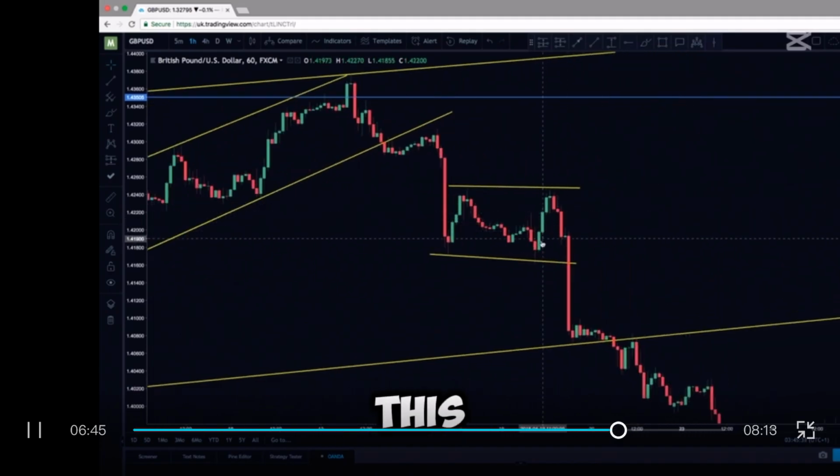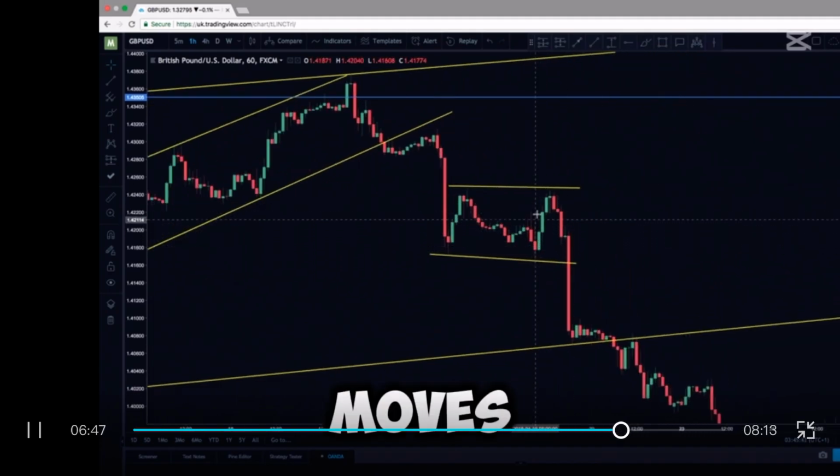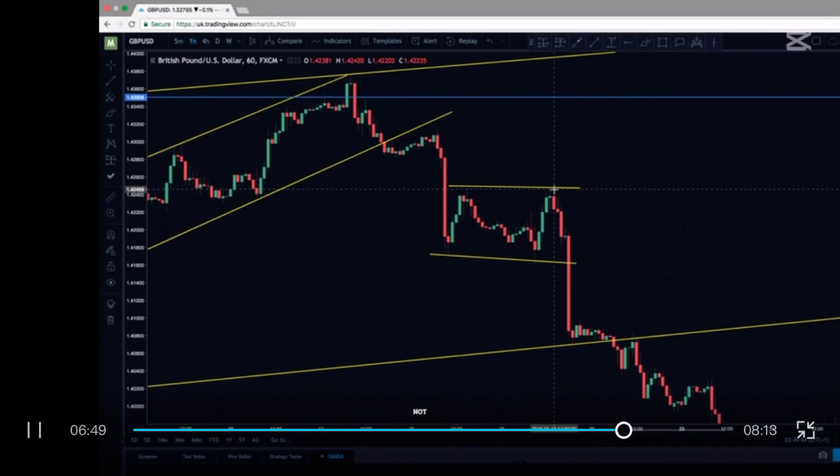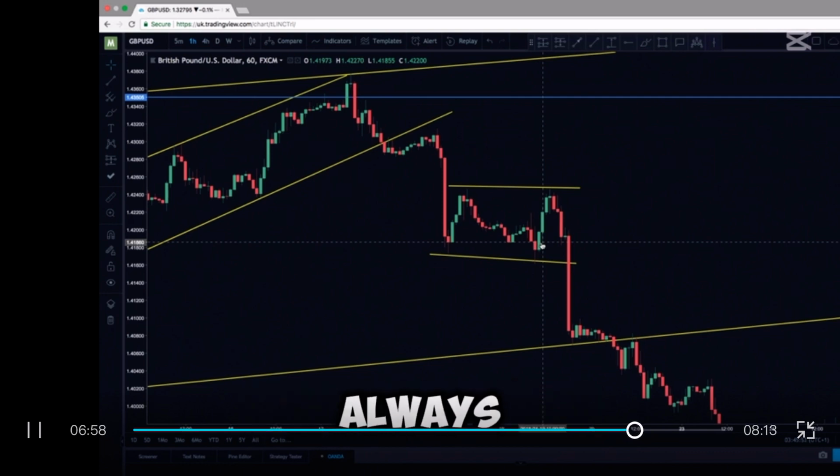But let's take a look at this. Now, the nature of how this moves up to this area is not that corrective. So what we need to have is a contingency plan and understand that sometimes we need a backup. We're not always going to get that picture perfect trade.